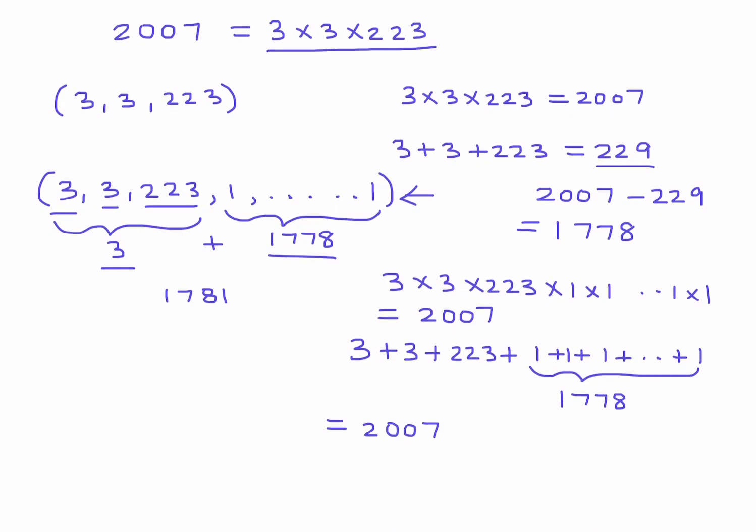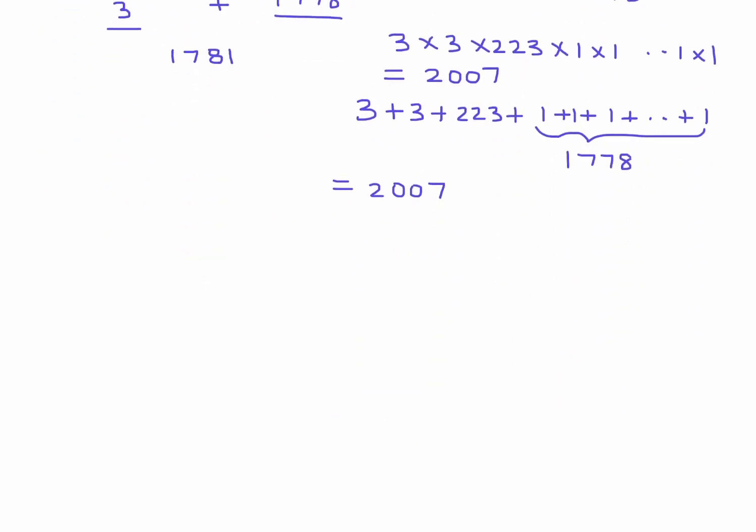Going right back to the prime factors of 2007. The prime factors are 3, 3, and 223. So initially I made the set like this, but there's 2 other ways of making the set. You can multiply 3 by 3 and make it 9, and then you can add other elements.